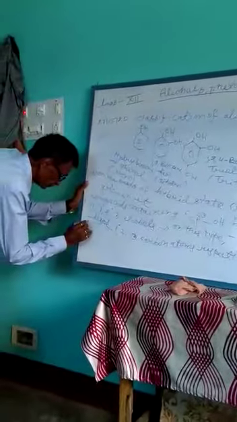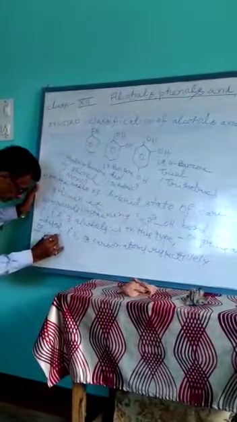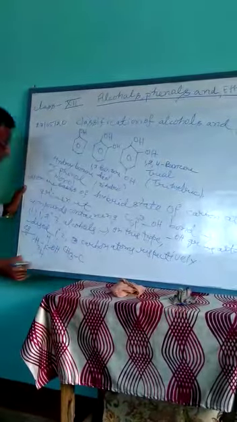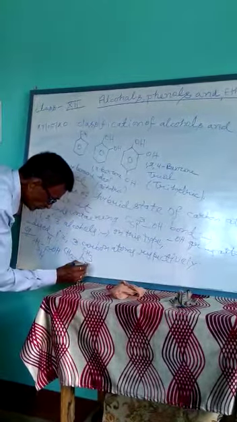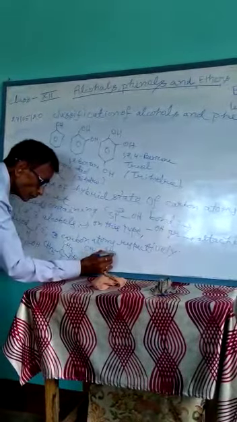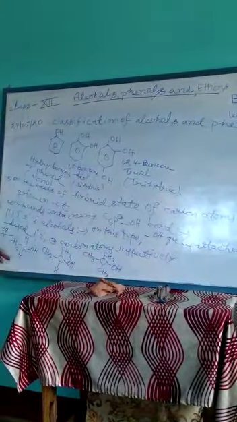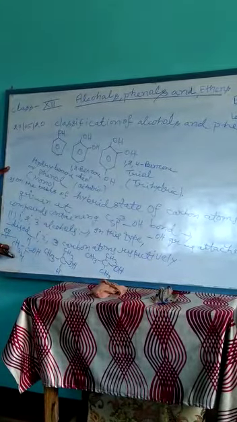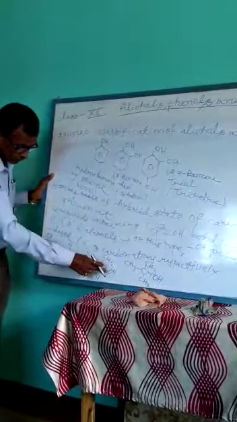As for example, here hydroxy group is attached to primary carbon, so it is known as primary alcohol, and here hydroxy group is attached to secondary carbon atom, so it is known as secondary alcohols.